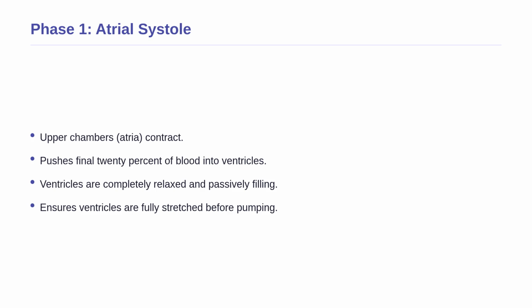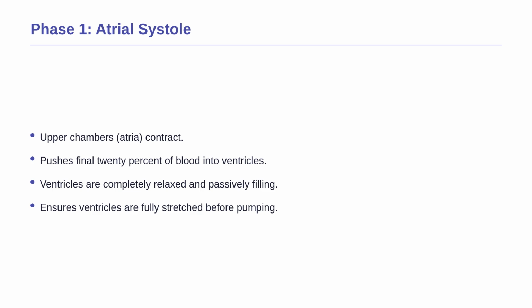Now that we understand the basic rhythm of systole and diastole, let us break down the cycle into its 5 distinct phases. The cycle begins with atrial systole. In this phase, the upper chambers of the heart, known as the atria, contract. Think of this as a final top-off squeeze.